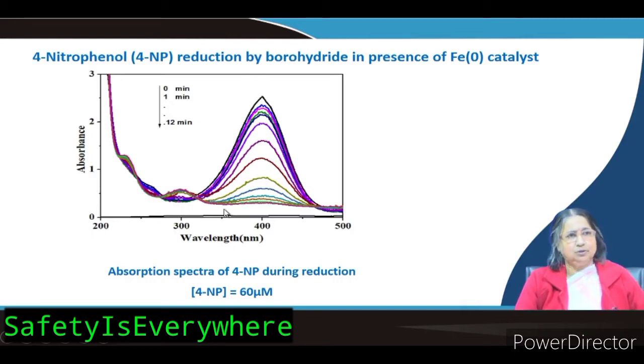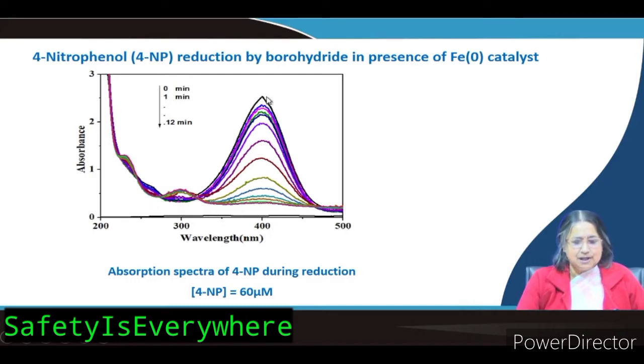Now, you see here 0 minute and this is 12 minute, it is going in this way. This is the 0 minute spectra and slowly it is going down. This is the 12 minute spectra. Nitrophenol has already been converted into nitrophenolate.